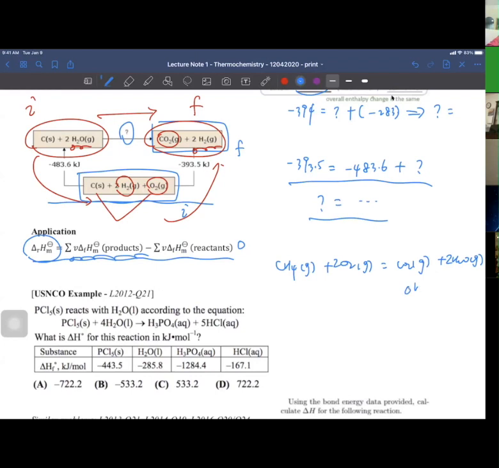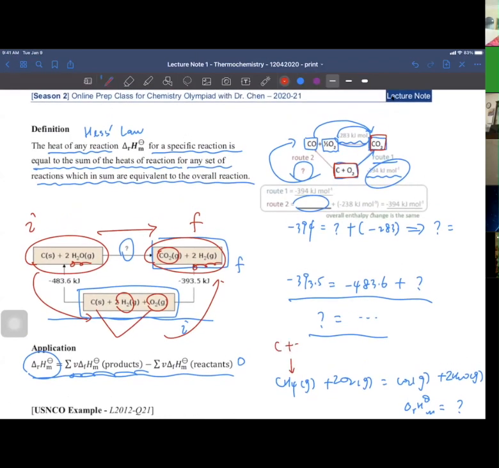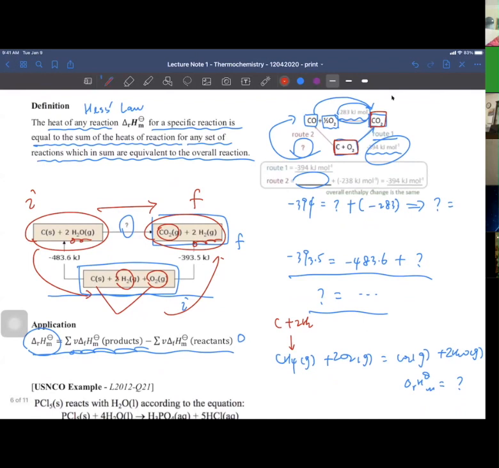So our goal is to calculate the molar enthalpy of the reaction, right? And now we know carbon plus 2H2. I will skip the states, okay? O2 into O2, carbon plus O2 into CO2, hydrogen gas plus O2 into water, but I need to times 2 because there are 2 moles of water.